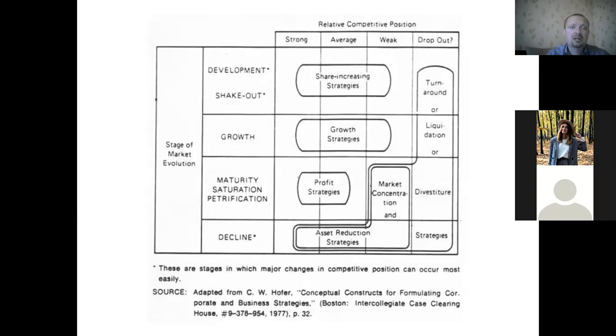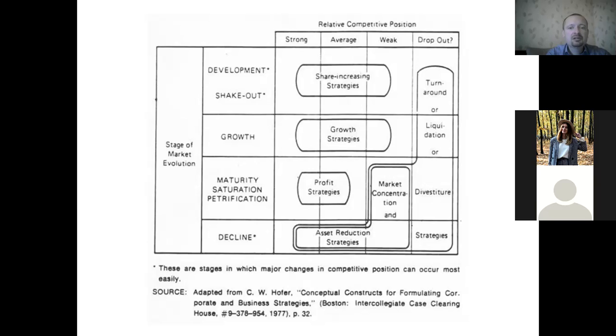And as the vertical dimension, Charles Hofer used the development stage, growth, maturity, and decline.